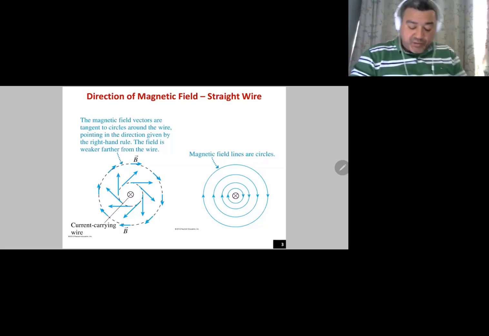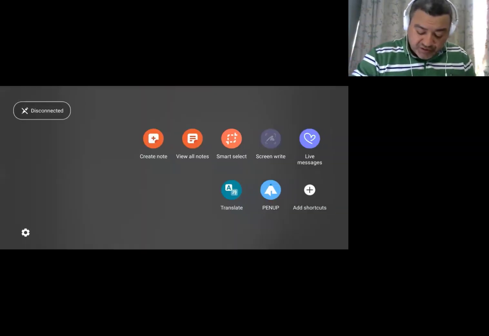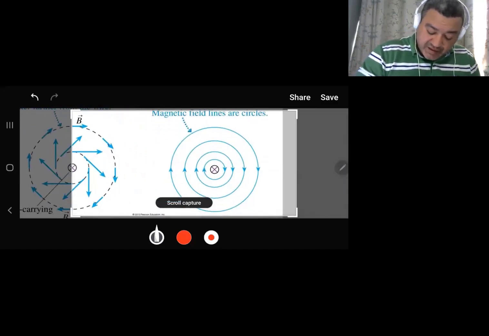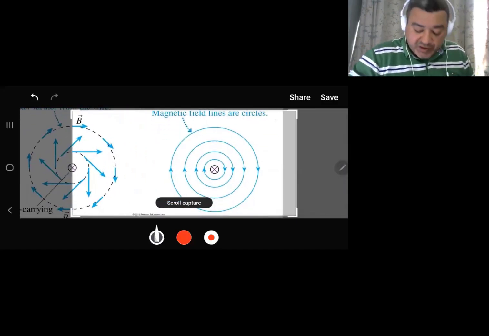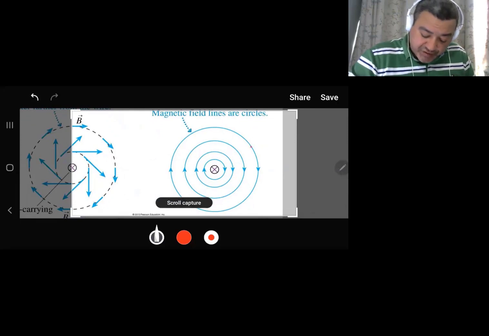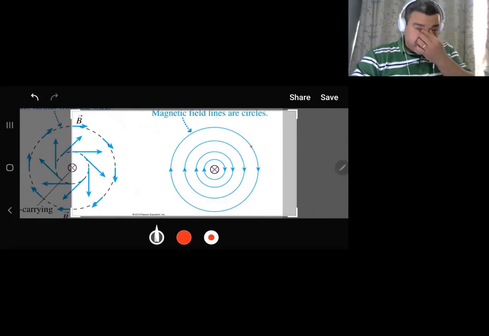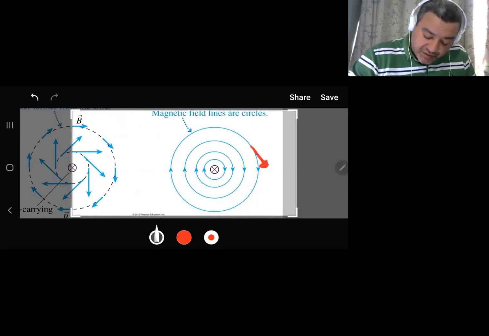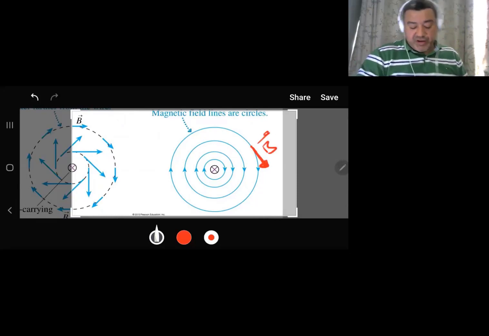Now, at any single point on those magnetic field lines, the magnetic field will be tangential and pointing in that direction. So if I want, for example, to know the magnetic field at that point, then it will be tangential to this magnetic field line and pointing in this direction.